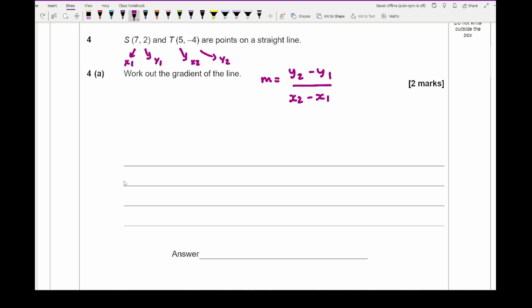So substitute those numbers into that formula, get an m value of -4 minus 2 over 5 minus 7, and I'm taking those two things away. So working that out, -4 minus 2 is -6, and 5 minus 7 is -2, which gives me a gradient of +3.